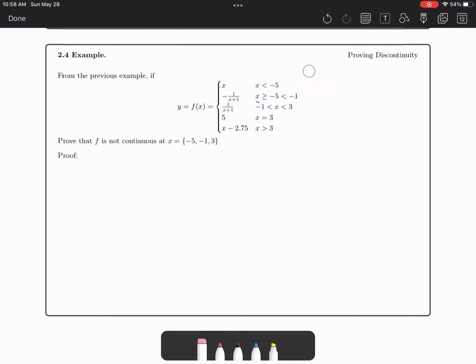And our third point of discontinuity at 3. So let's look at x going to 3 from the left. On the left side of 3, you are 1 over x plus 1. Via direct substitution, you get 1 over 4. If you approach 3 from the right, so on the right side of 3, you are x minus 2.75.